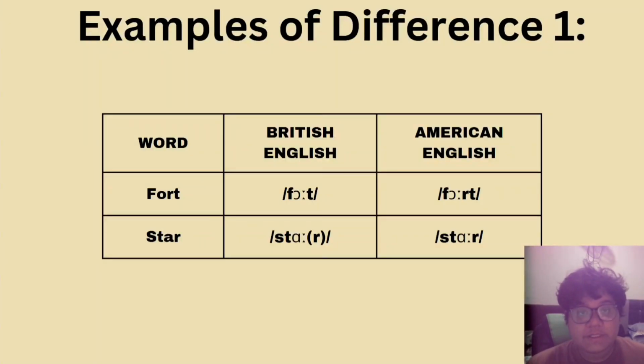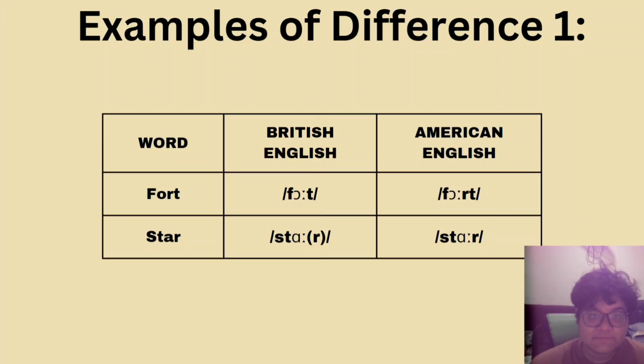And here we have the two words that we will be using as an example. The first word is fort. As we know, in British English the R sound is mostly silent or very subtle.